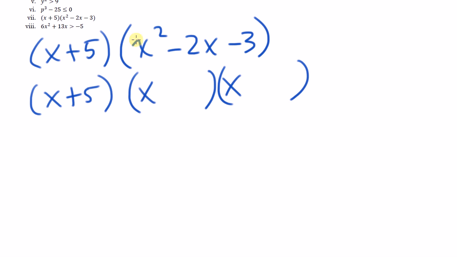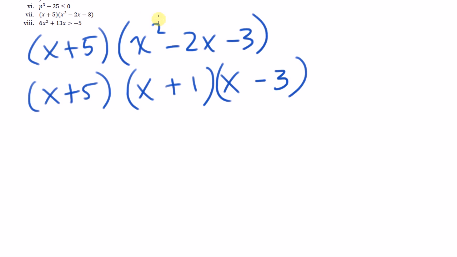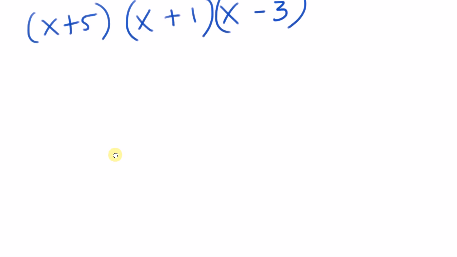So we have x times x gives x squared, and then we're going to have a positive 1 and a negative 3. Does that work? Negative 3 times 1 gives me negative 3. Negative 3 plus 1 gives me negative 2. Okay, that works. And then the parent function here is going to be x squared times x. So the parent function is x cubed.